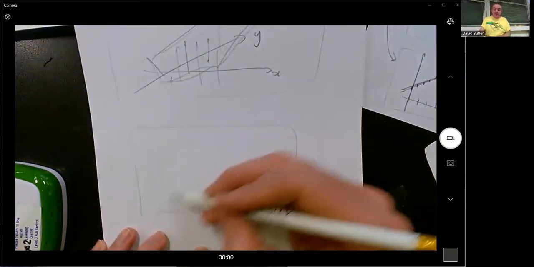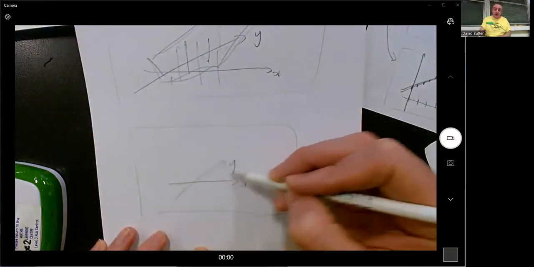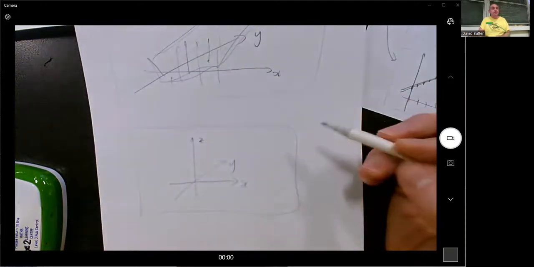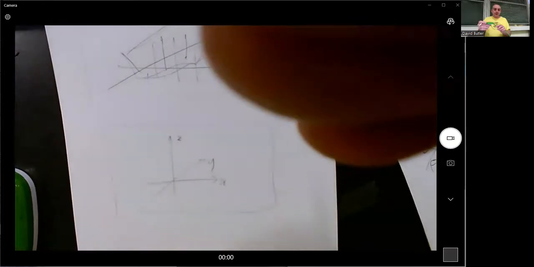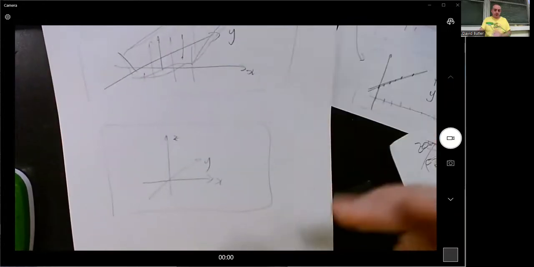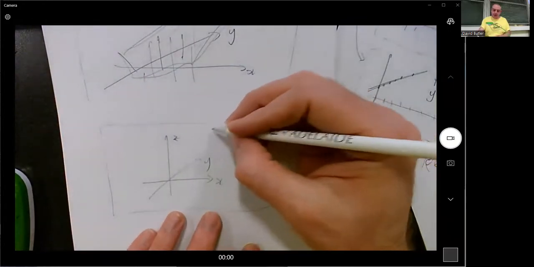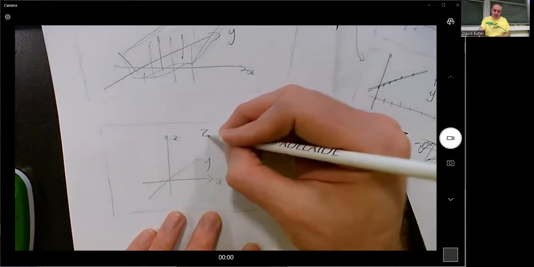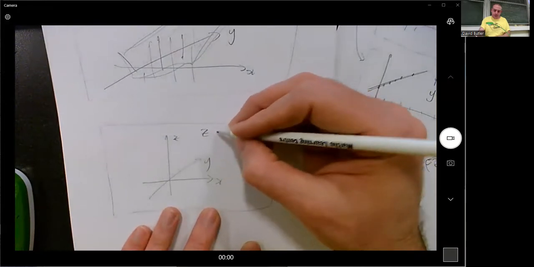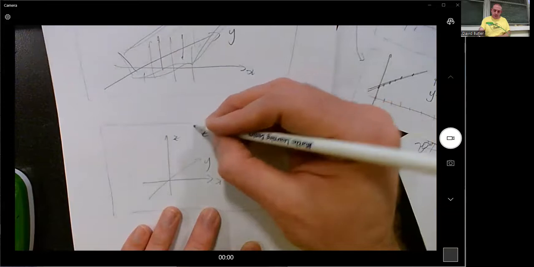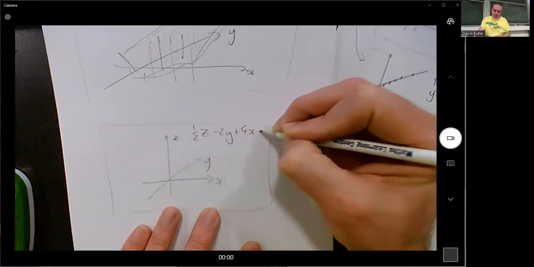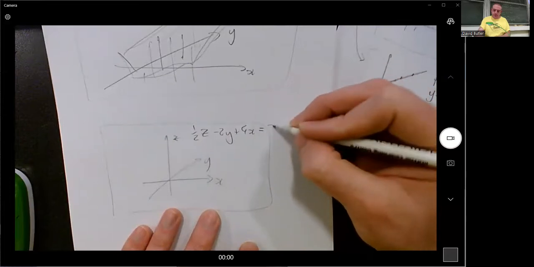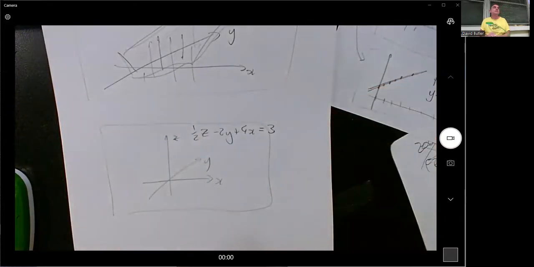The other way to produce a 3D graph is the same thing as I did in 2D, which is to just start out with an X and a Y and a Z and just write down a formula, something like that, for example.